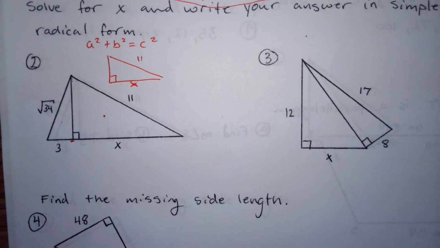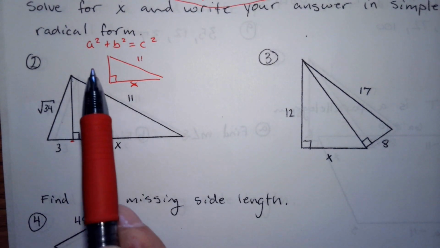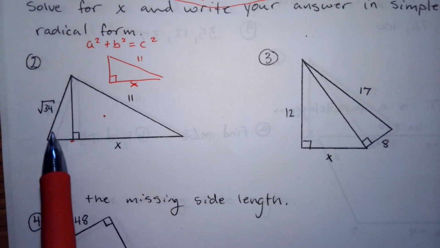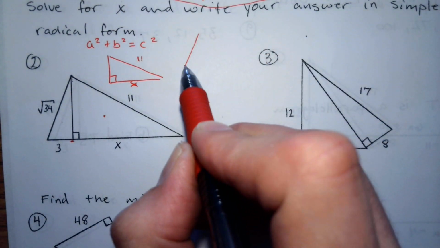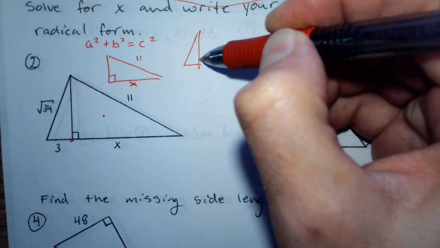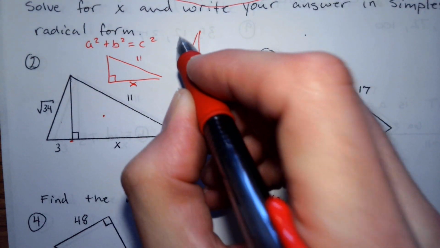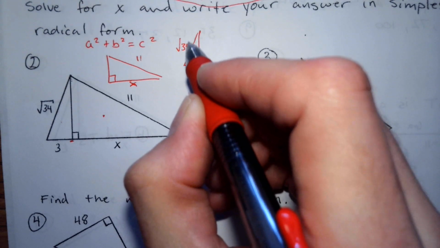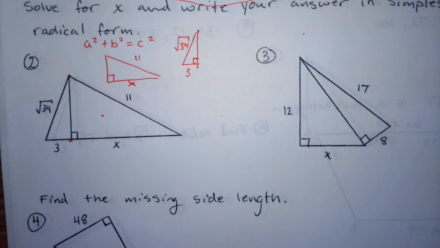So that's one triangle, but I can't use it yet. I'm missing 2 sides. However, there's another triangle that is this, where the bottom is 3, the hypotenuse is the square root of 34, and I don't know this side.